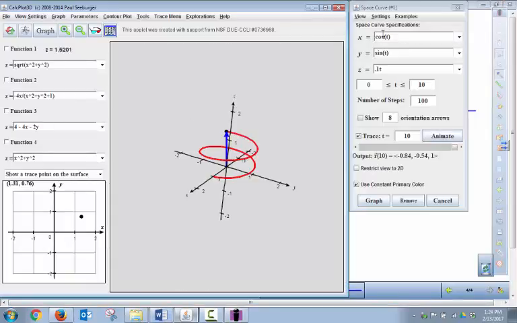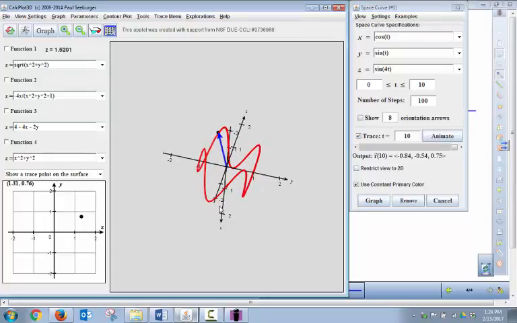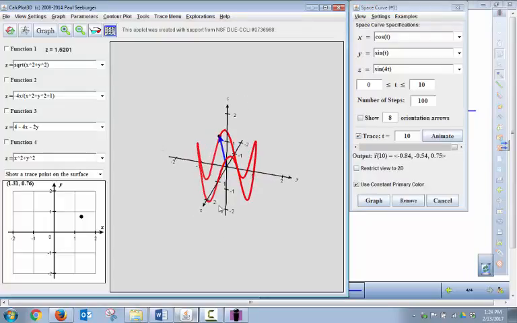So let's see if we can graph that here, and I'll get rid of the other graph. It's like taking that sine curve, which we've compressed so that it has a period of pi over 4 or maybe pi over 2, and then asking it to go around in x and y in a circular motion.